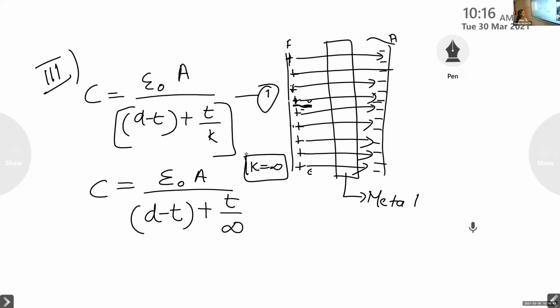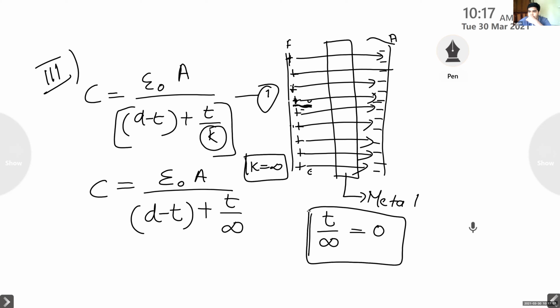We studied that any quantity divided by infinity is equal to 0. So here T by infinity becomes equal to 0. That is, this entire term is cancelled.